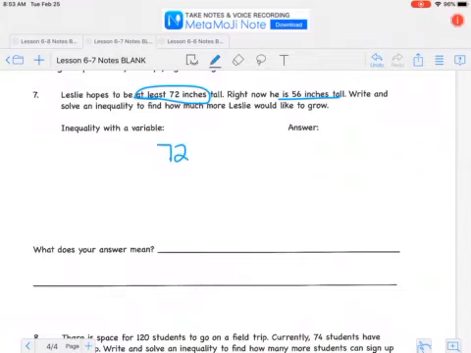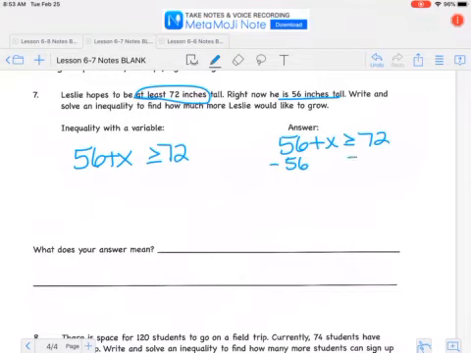So that's the smallest number we want to be. We are already 56, and we want to find out how much more at least we need to grow. So we have 56 plus x is greater than or equal to 72. I'm going to subtract 56, and I get x is greater than or equal to 16.